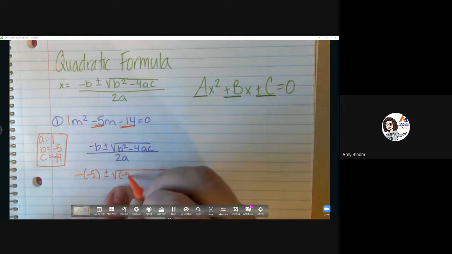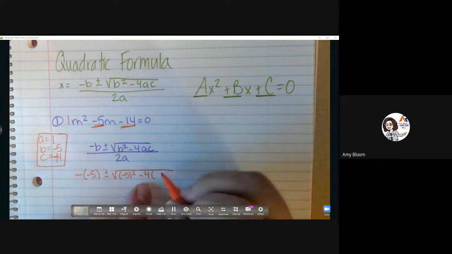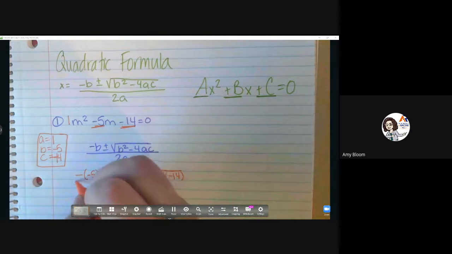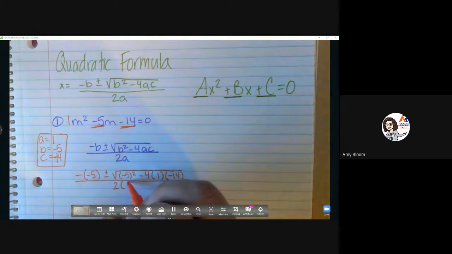Well, that's negative 5 squared, minus 4 times a, which is 1, times c, which is negative 14. See how all of that is underneath the radical, or square root sign. And then all of that goes over 2 times a, which is 1.